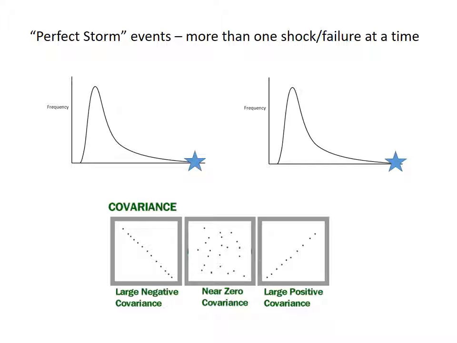In other words, you're more likely to have a shock or failure in a system component at the same time that you have natural gas prices, or at the same time that you lose hydropower production. Then that has to be part of the modeling process that goes into simulating system shocks and failures and trying to describe the likelihood that you experience a number of shocks and failures at the same time.